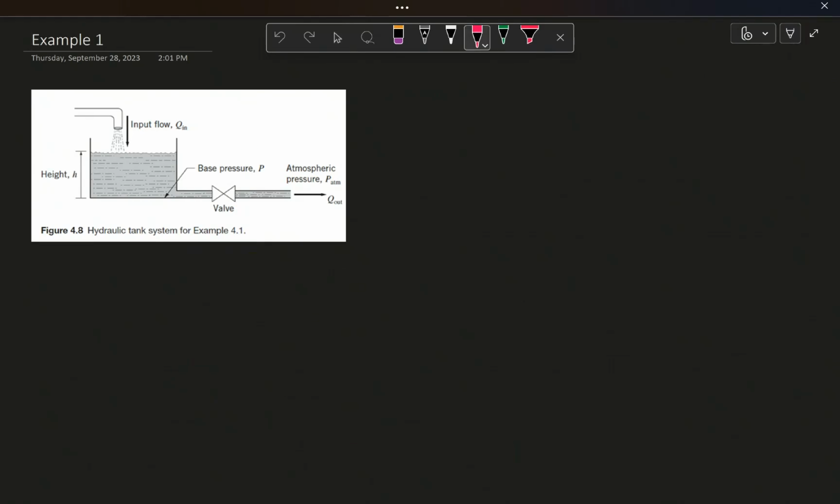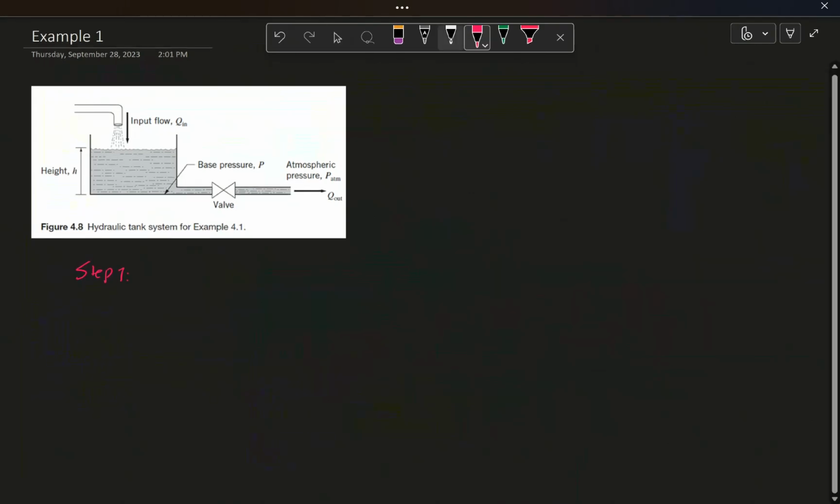In step one, we will go after the elements in the system. So list the elements.